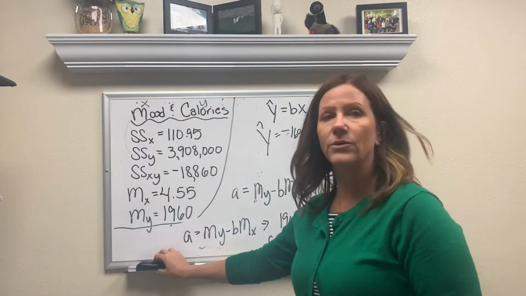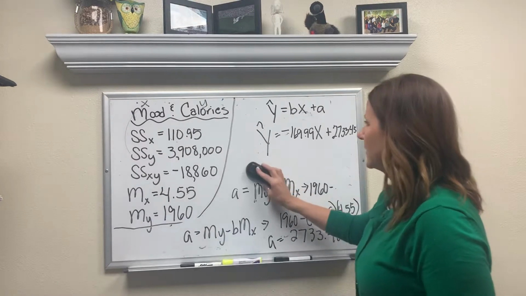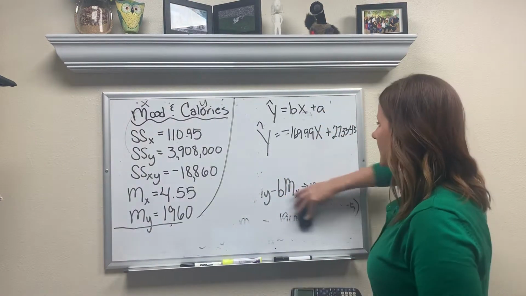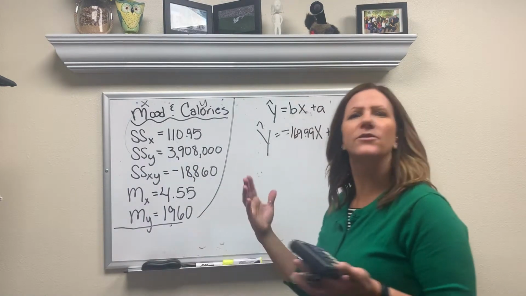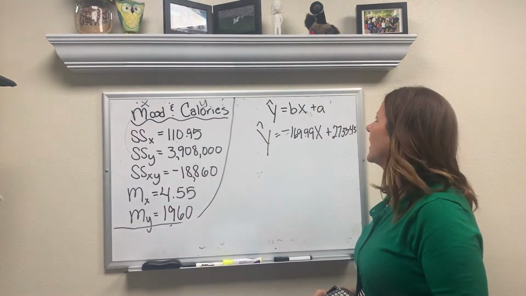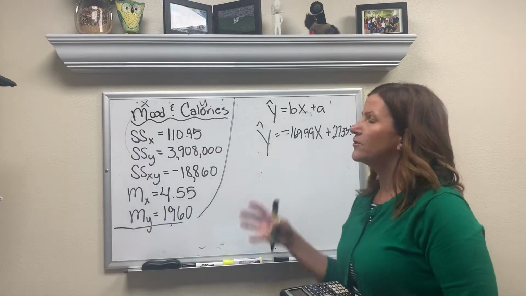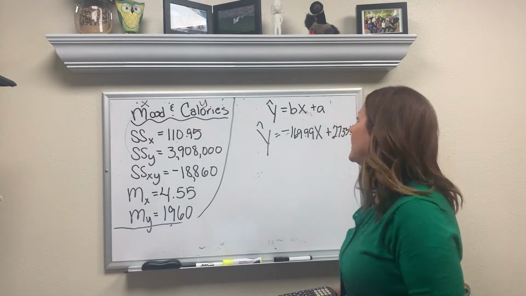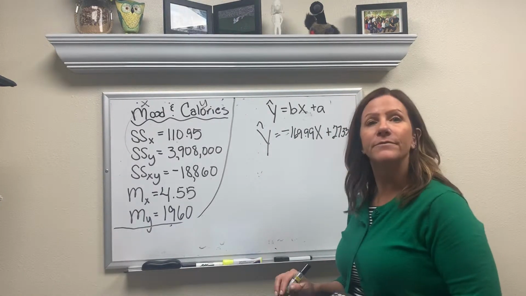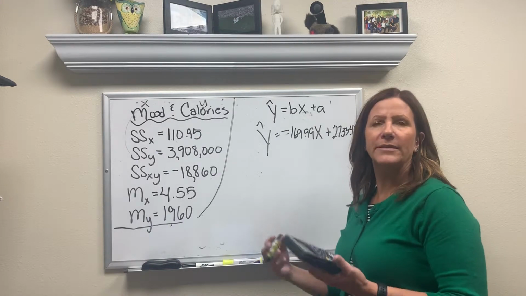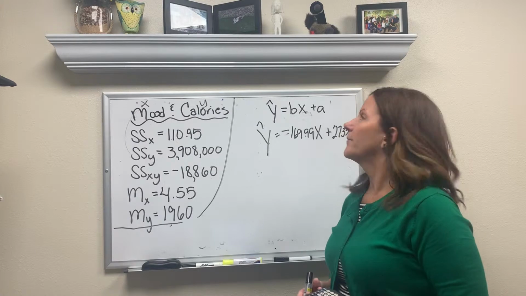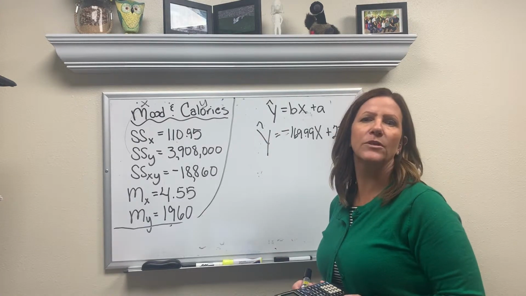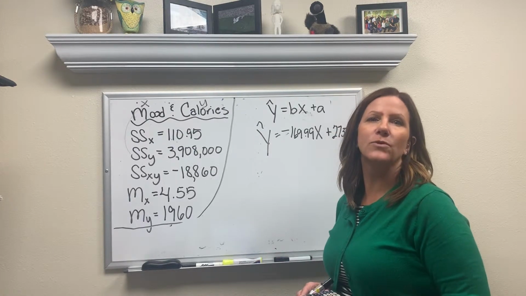What I can do is I can use that to predict what calories someone would consume if their mood was at a certain score. So let's say I took the mood assessment that was provided and I scored a 5. I would maybe say, provide me the predicted calories that a person would consume if their mood score was 5.